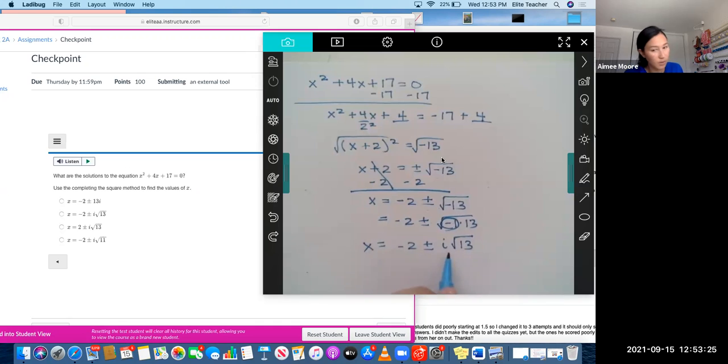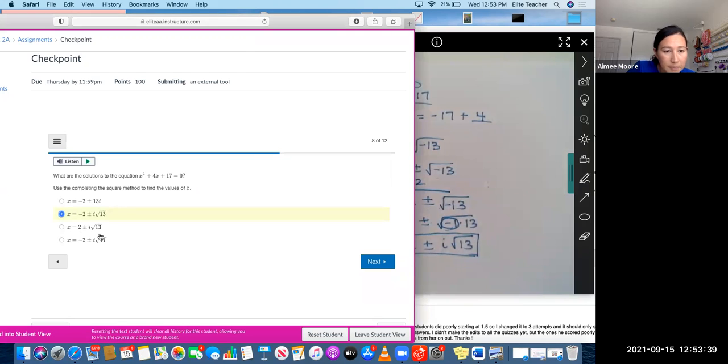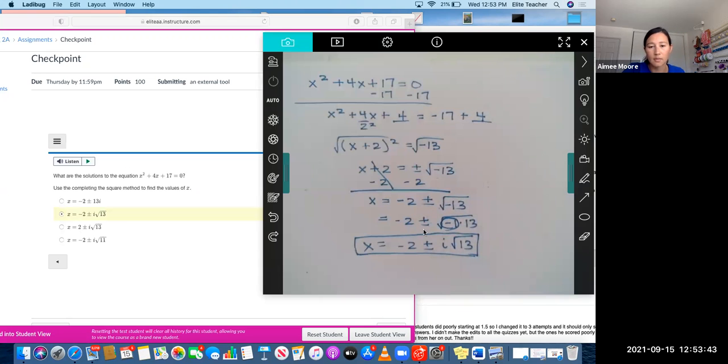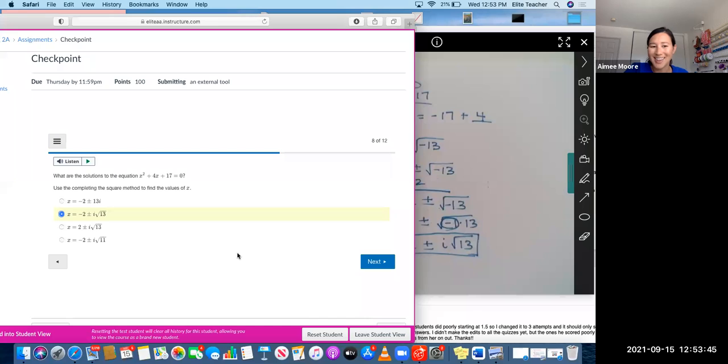So x equals -2 plus or minus i radical 13, just like that one. Any questions on that one? Very good, Calliope.